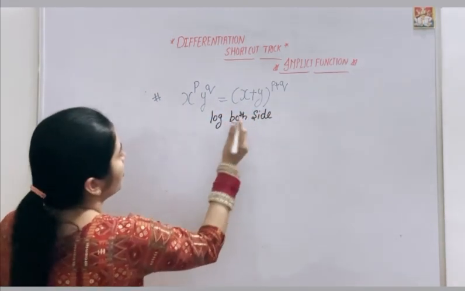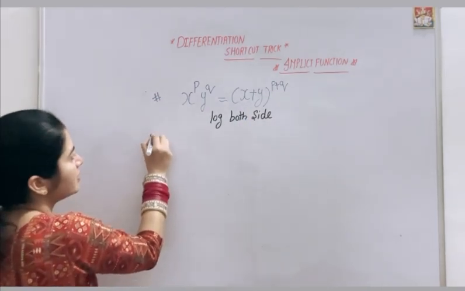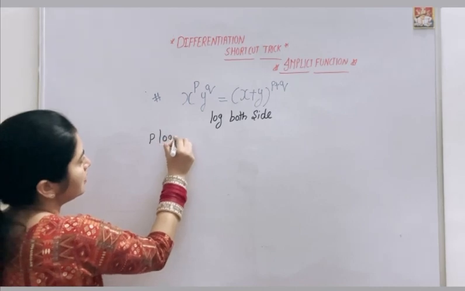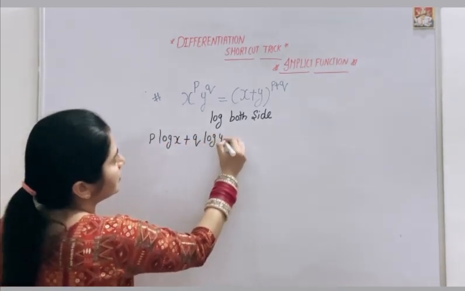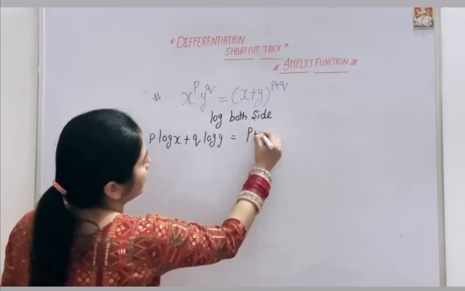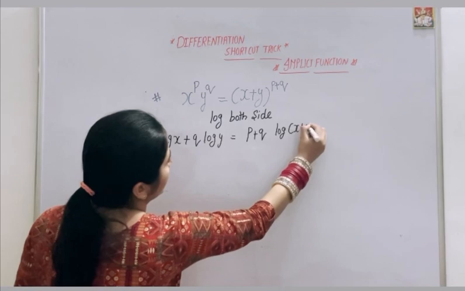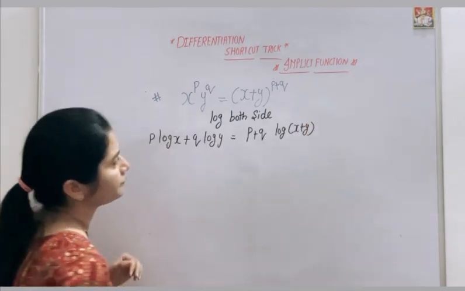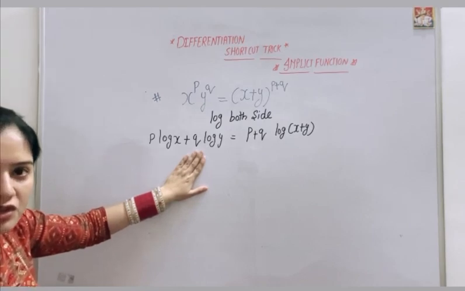If you take log on both sides, the log property will be applied. By the log property, the power will come before the function. Yes, now it has become a simplified function.